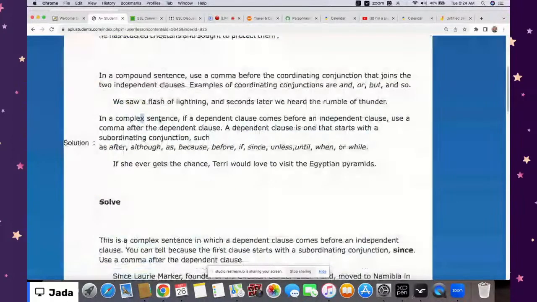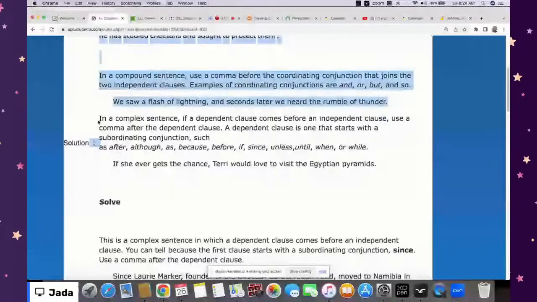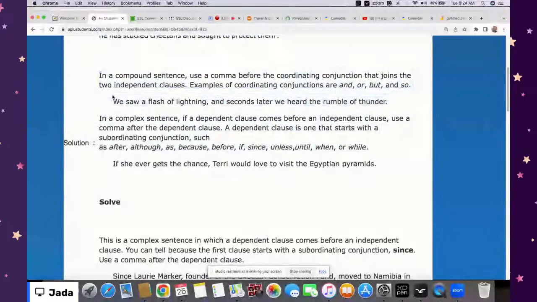Moving on to the second. In a complex sentence, if a dependent clause comes before an independent clause, use a comma after the dependent clause. So for the complex sentence, you need to check. We know that dependent clauses are clauses that cannot stand on their own. They need support.